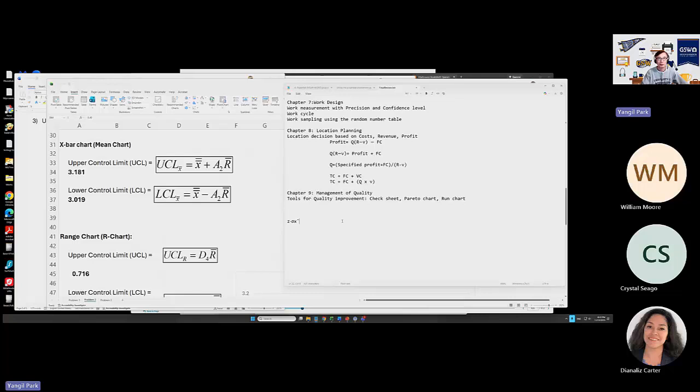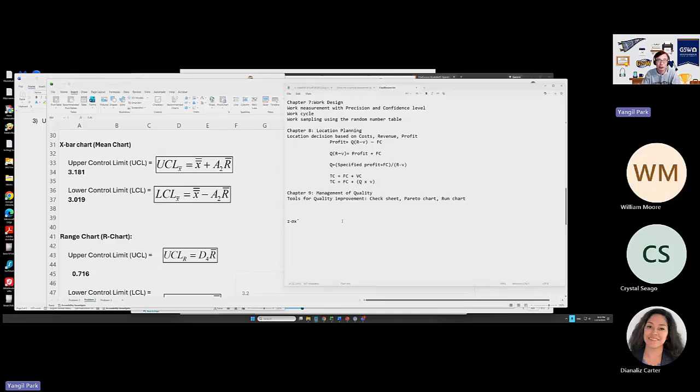Otherwise, that's chapter 10 and chapter 7, 8, 9. Chapter 7 was work design, I believe, and work measurement with the precision and confidence level. There was some of those statistical stuff like work cycle and sampling. Remember using random number table, you find the time that you're going to give into some work.